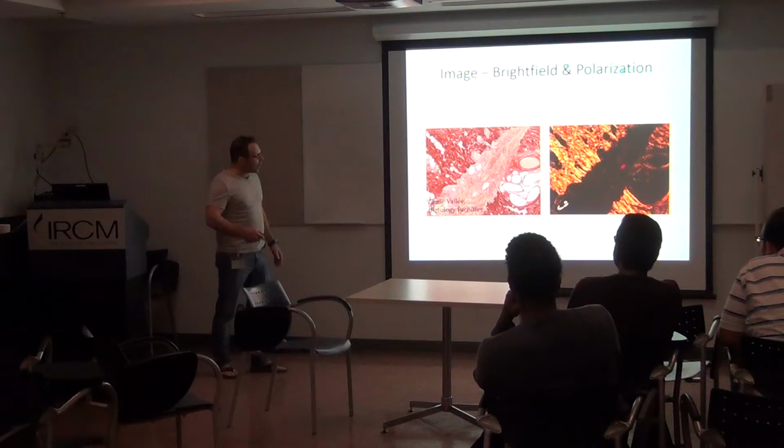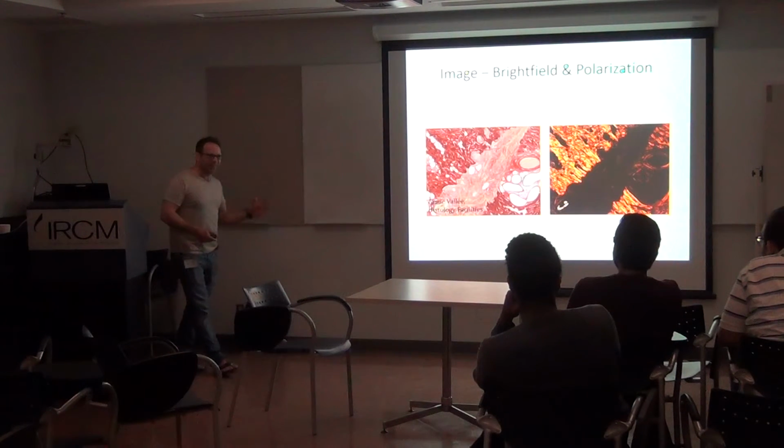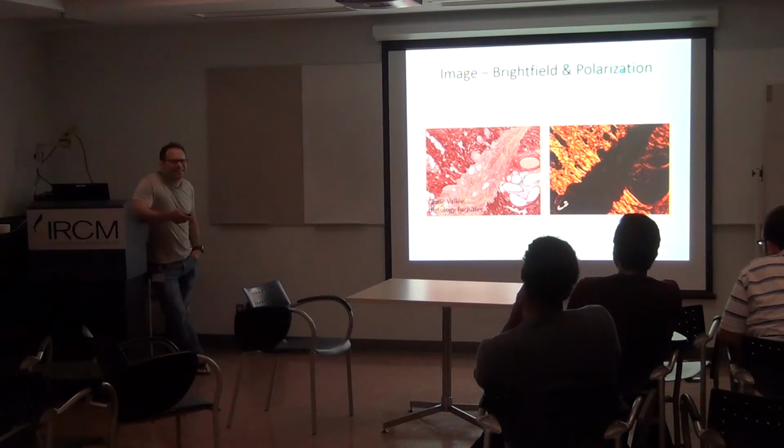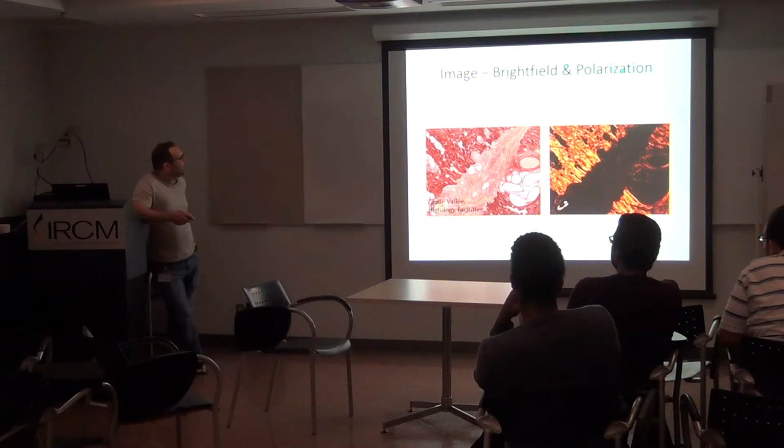And so everywhere here there is almost no collagen, and everywhere else where it's orange, you have a lot of collagen, and then you know that you have collagen in your specimen. Okay? So most of the time it's going to be collagen, and elastin also will make light turn.